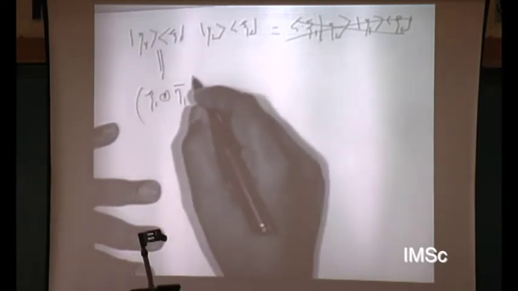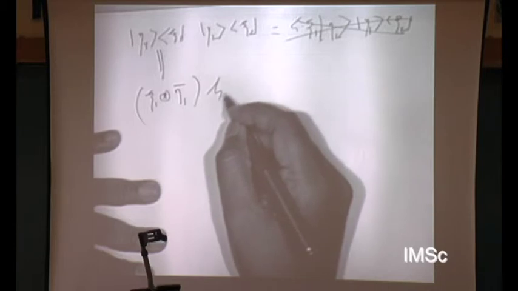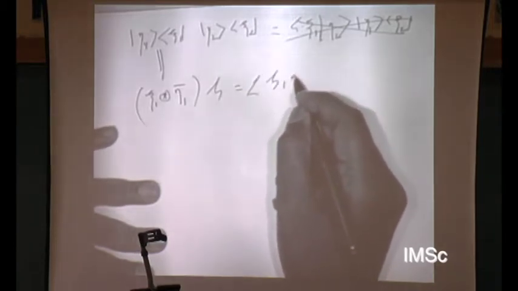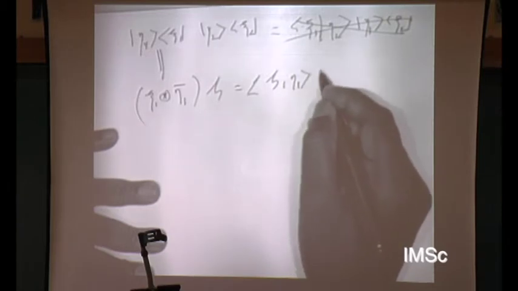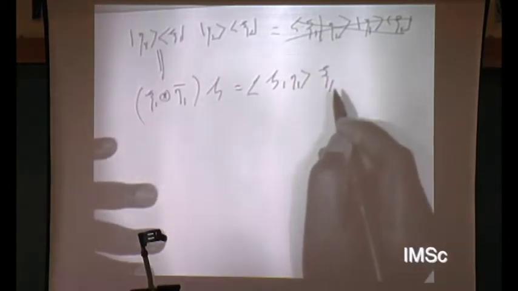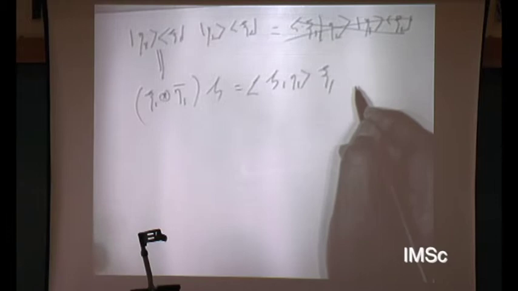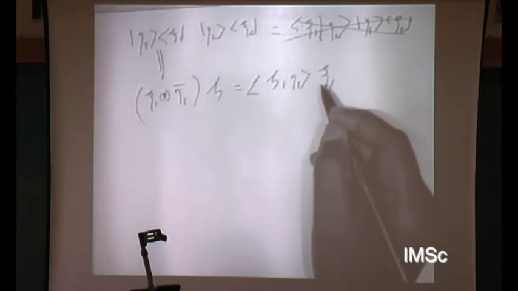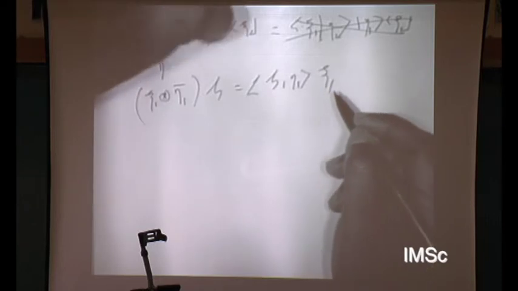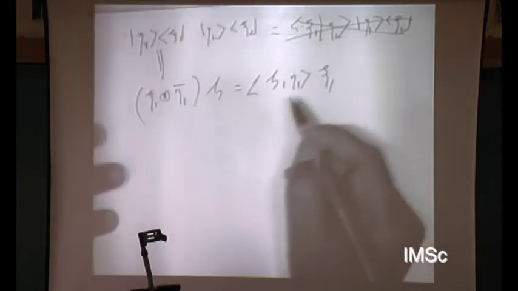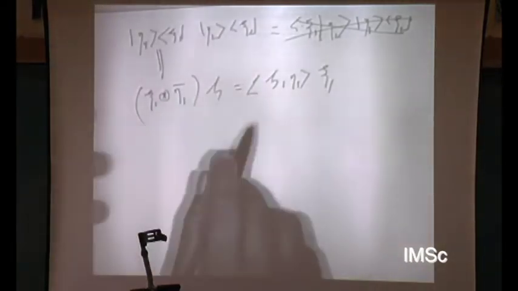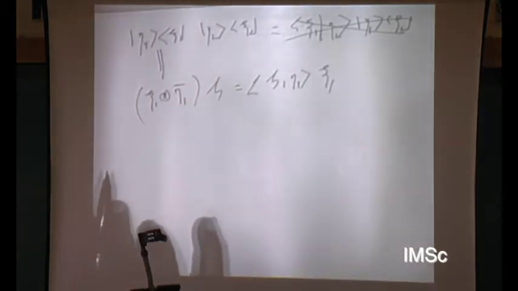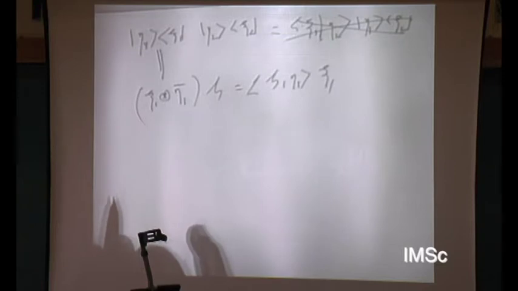This acting on a zeta is going to be zeta eta 1 times psi 1. Exactly what I said earlier is the Dirac notation, except that the reason things went wrong here is that you're putting the operator on the right and the vector on the left to get the answer.